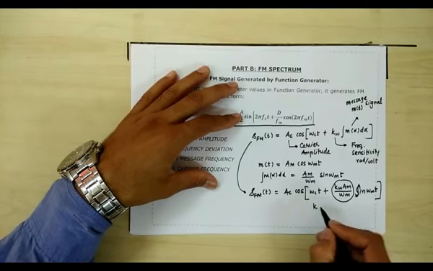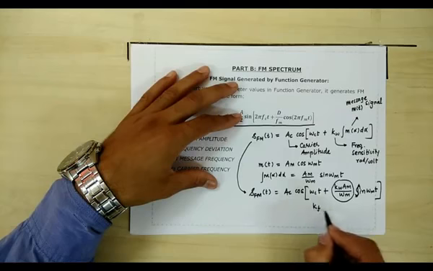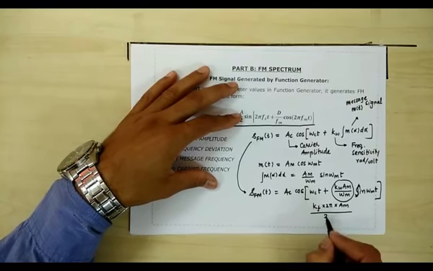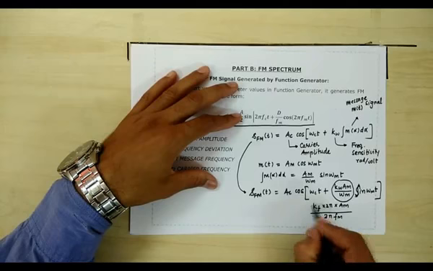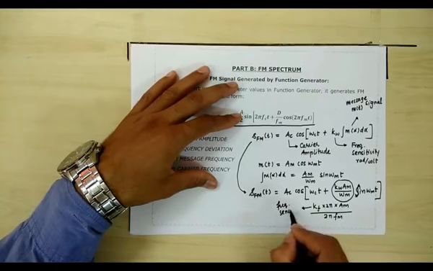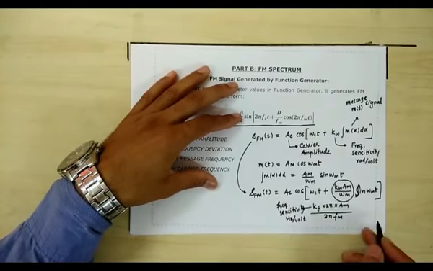So this quantity is what? K omega. This you can write as Kf into 2 pi Am, and omega m is 2 pi fm. This Kf is the frequency sensitivity again, and its unit is hertz per volt.